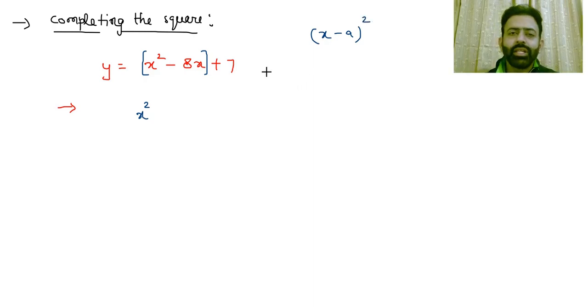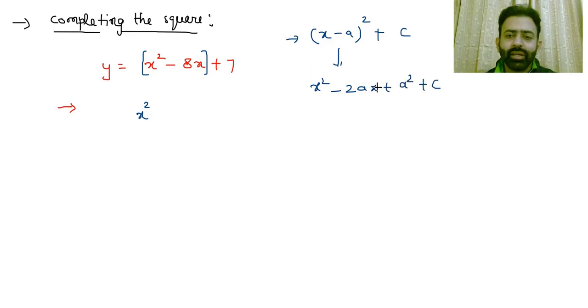The basic theme of completing the square is that you have to write this quadratic expression in this form, plus some constant c. This is the completing the square form. If we open this up, it is x square minus 2ax plus a square, and this plus c, right?